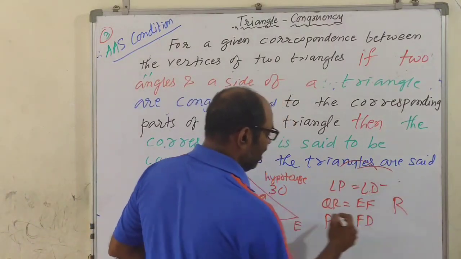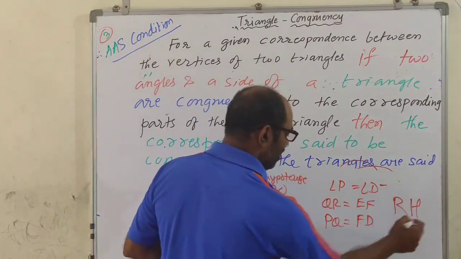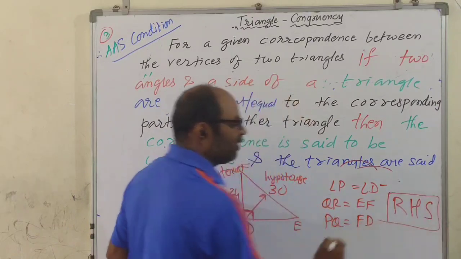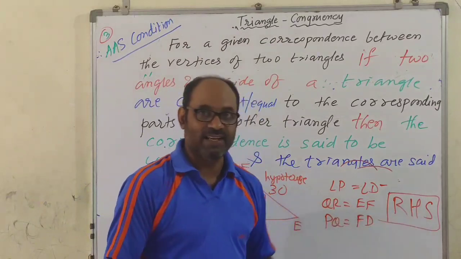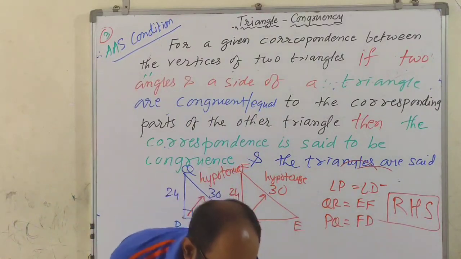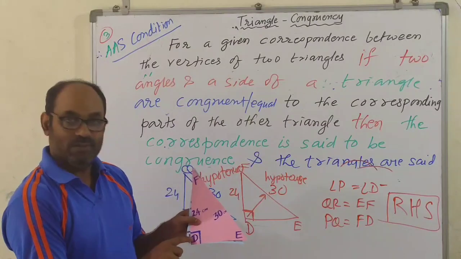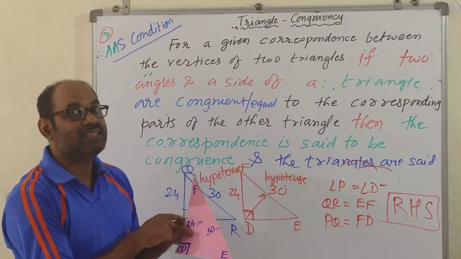And these QR and EF, they are the hypotenuse H, and this third part is a side. So this condition is called RHS in short, right angle, hypotenuse, side. So which condition is satisfied between these two triangles? They are right angled triangles, so they have right angles, hypotenuses are equal and one side is equal.